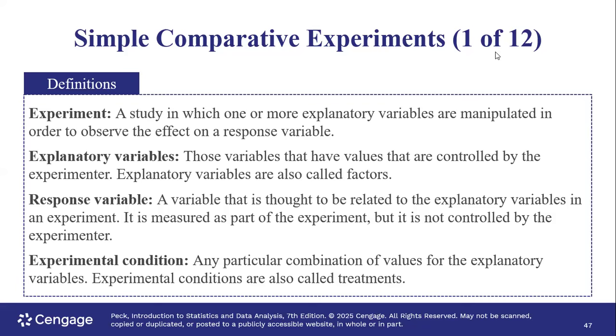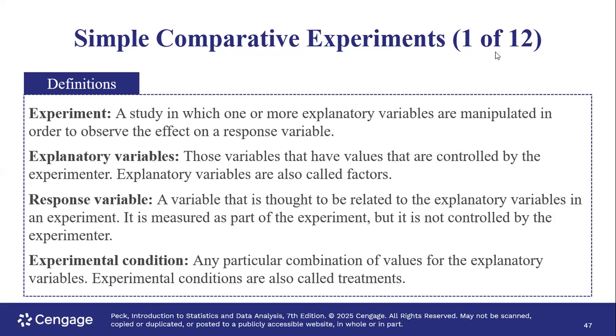The response variable, of course, in my situation, response is how the patients are responding to the new drug as compared to the existing drug. Okay. And experimental condition, we might control, for example, the room temperature. Okay. That may be my condition.